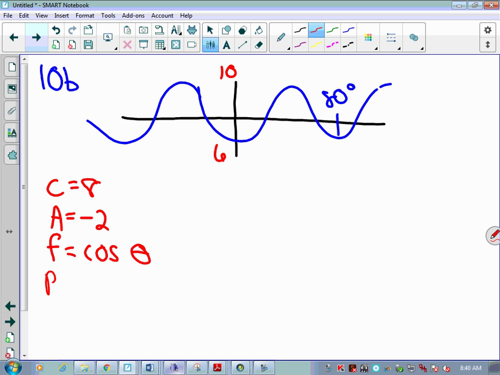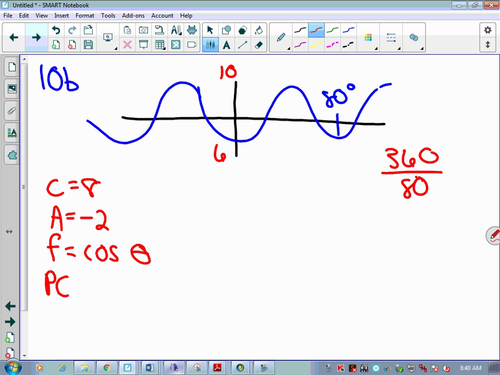Period change. What am I doing here to find my period change? 360 divided by 80. What's 360 divided by 80? Give it to me as a fraction.